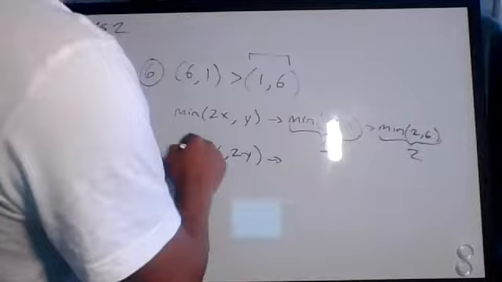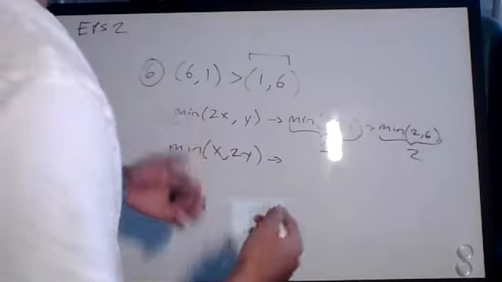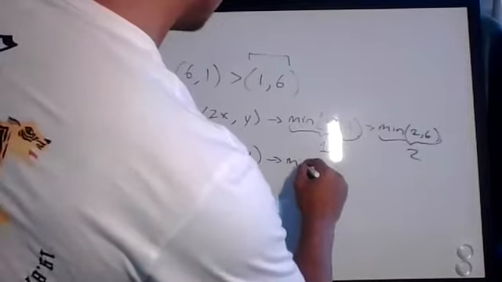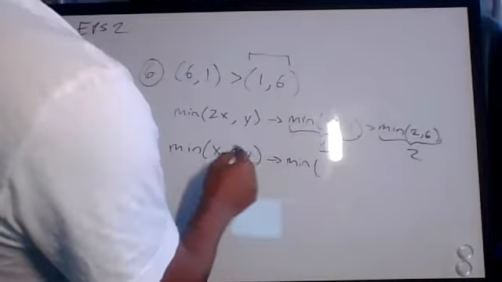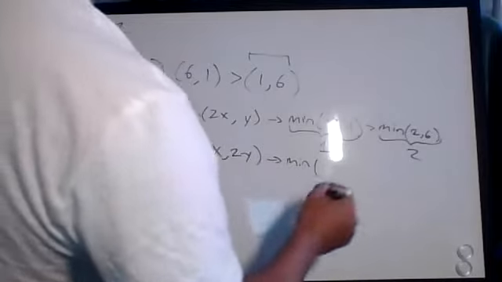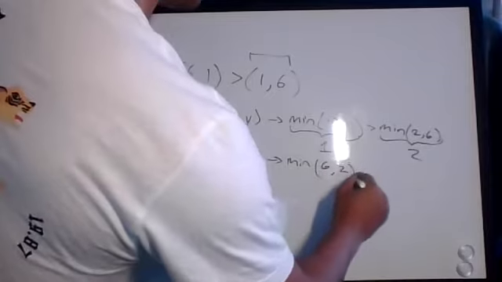Now, on the other hand, we want to see whether this is a valid choice. If it's not, then the answer would be none of the above, right? So min, plugging in 6 and 1 into our values of x and y is going to yield 6 and 2.